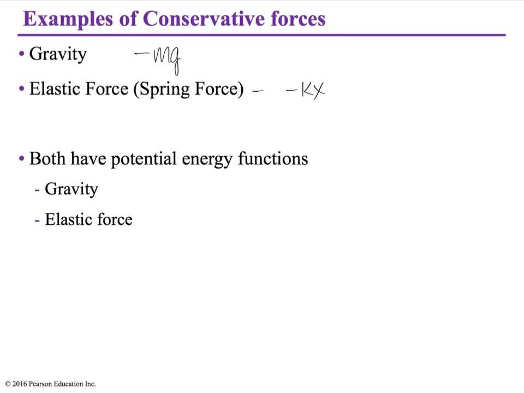It turns out that both of these forces have potential energy functions. The potential energy function for gravity is mgy. And for the elastic force, I know we didn't get to that yesterday, but it's 1/2 kx squared, and we will look at that in class. This is one of the characteristics of a conservative force, actually, that it does have a potential energy function.